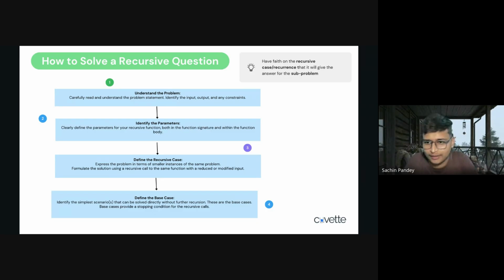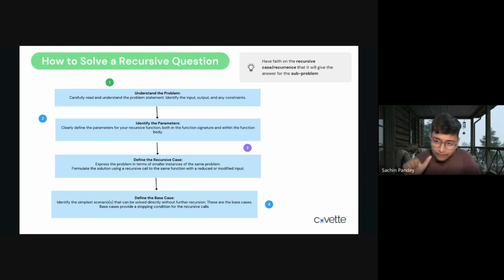This is the first point. Or second, wherever you feel iteration can be applied, recursion can also be applied there.